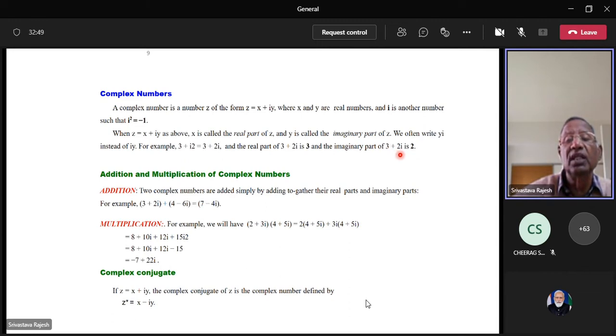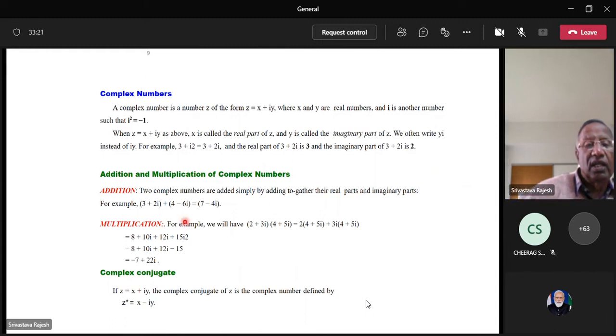For the imaginary part, take i common and find out the rest, the quantity which is multiplied. So you should be clear that excluding i, whatever is there is known as the imaginary part, or the coefficient of i, which is root minus 1.